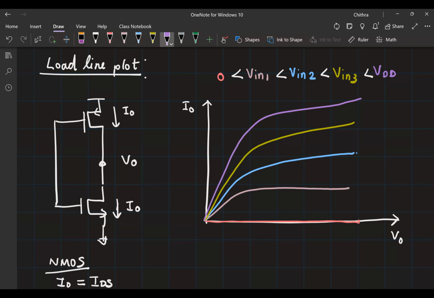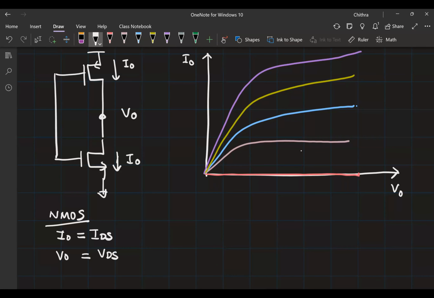Okay, so now let us get the same plot for the PMOS. What is I0 for PMOS now? This is the current from source to drain. What about V0? This is equal to VDD minus VSD.